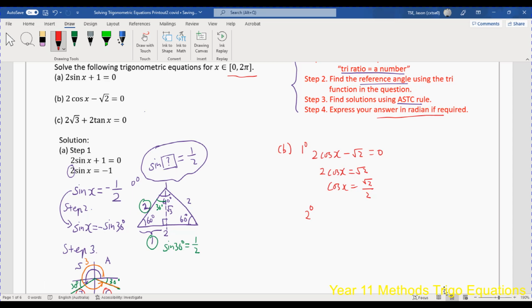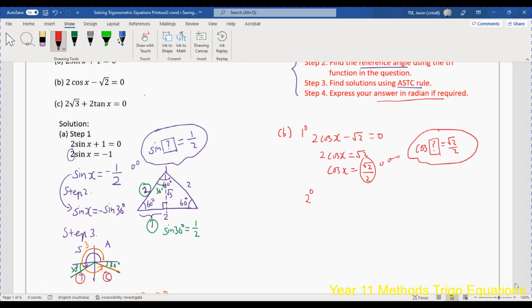Second step, still remember what I'm going to do. You are going to find a reference angle for the numerical part of the trigonometry equation, which is square root 2 over 2. All right, so you're going to think about, before step 2, what value for cosine will make it square root 2 over 2.